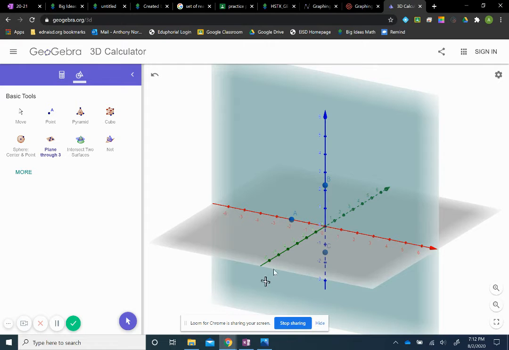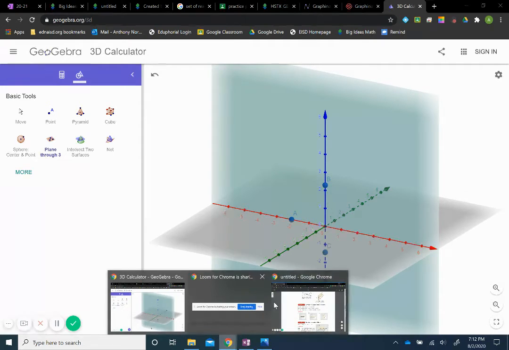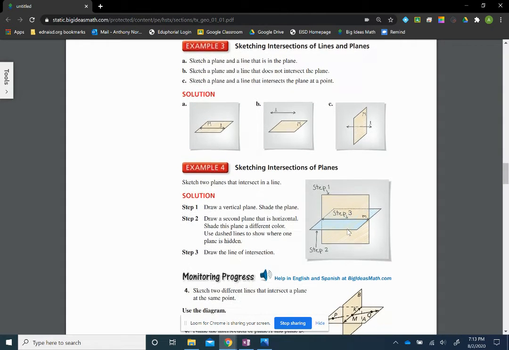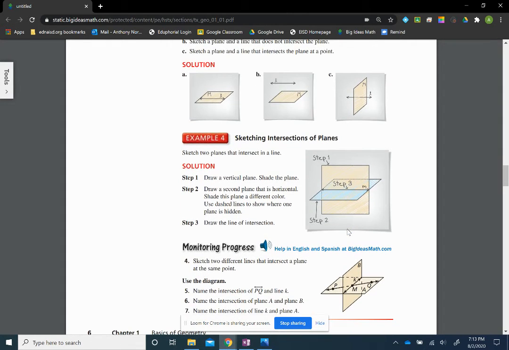We see that this green line goes through it at one point. We see that this red line goes through the plane the whole way through. We could have a line out here that wouldn't touch this line at all. And then to intersect, so then we have, boom, the explanation of what's happening here.